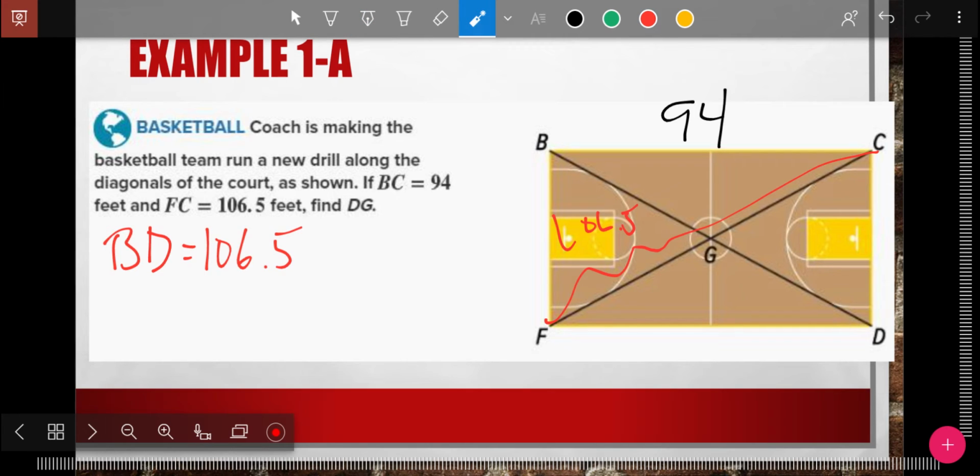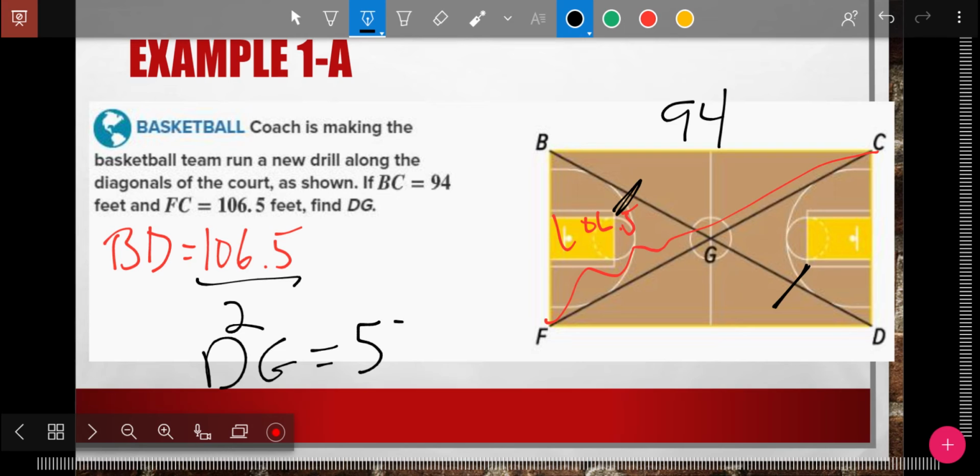Then it's a parallelogram, so diagonals bisect each other, and this part of BD is equal to this part of BD. So I divide by 2, and DG equals 53.25 feet. So I used both rules.